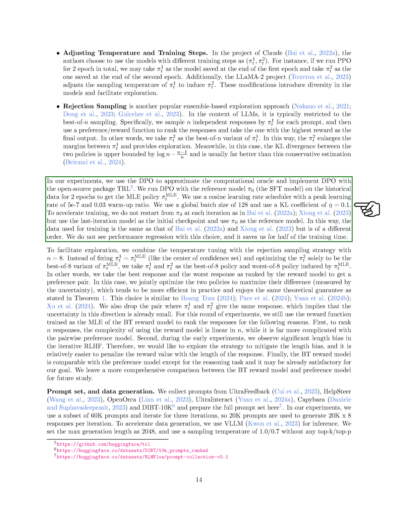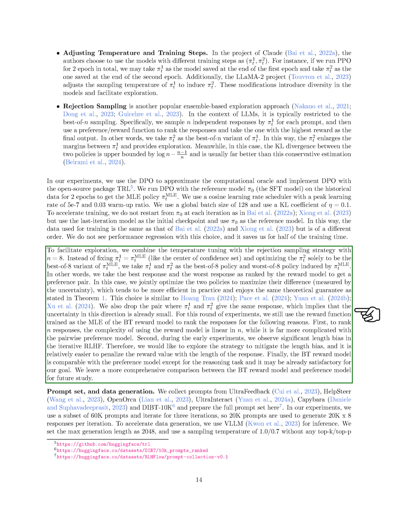Instead of fixing the main policy, we optimize both the best and worst responses induced by the MLE policy. We collect prompts from various sources and generate responses iteratively. To speed up data generation, we use vLLM for inference with specific settings. We also use a reward model to rank responses based on their quality.